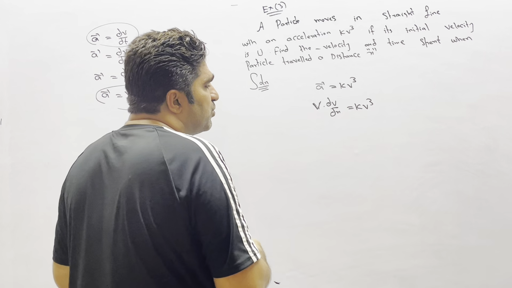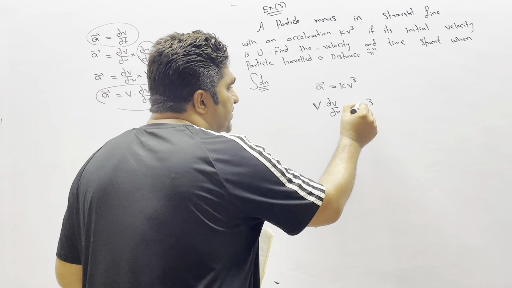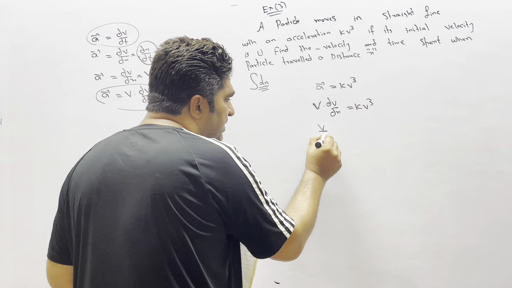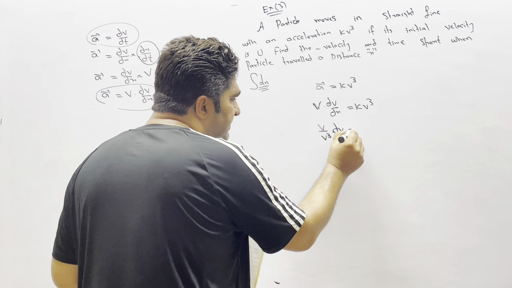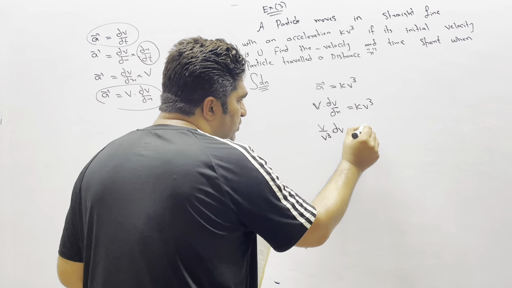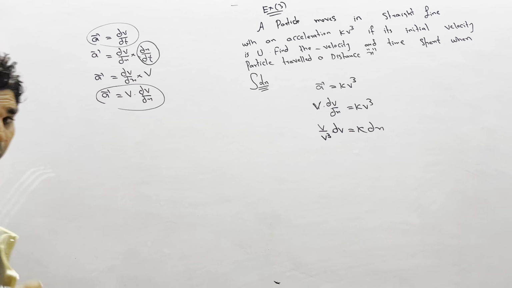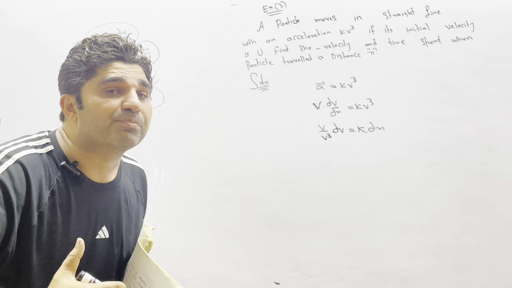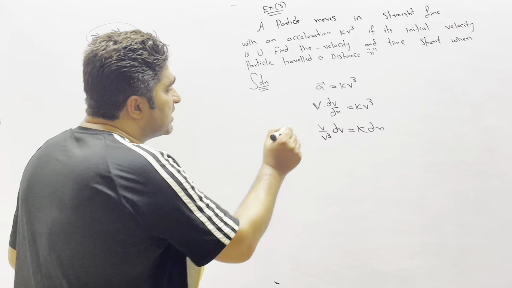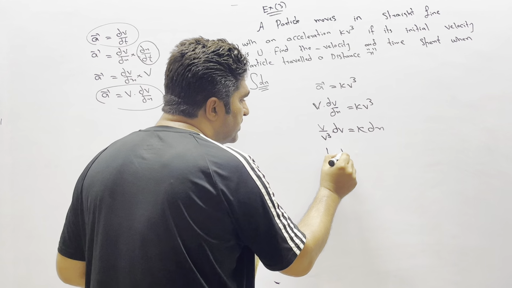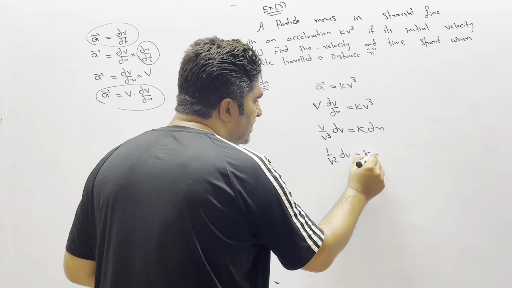The v cubic will come to the other side: v over v cubic into dv equals k into dx. The v can be cancelled, and it will be 1 over v square into dv equals k into dx.